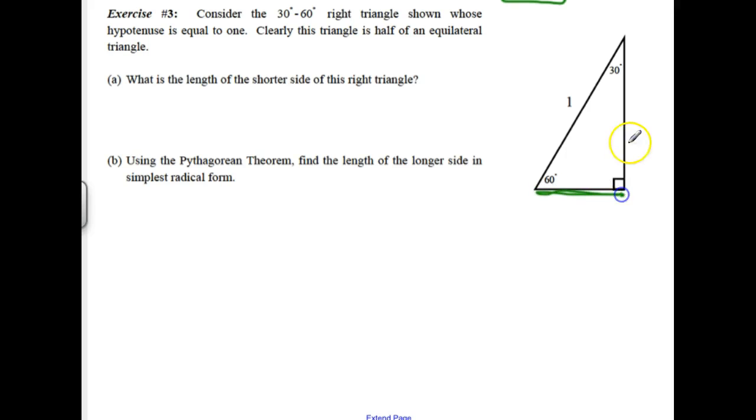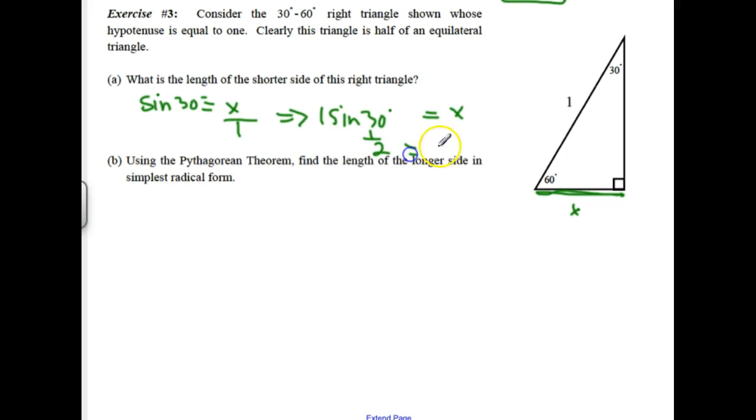Since it's a right triangle, I can use SOHCAHTOA. This is your opposite over hypotenuse. I can do sine of 30 is equal to x, let's call this x, over hypotenuse, which is 1. Sine of 30 is equal to x. Sine of 30 is a half, so the shortest side of this right triangle is actually 1/2.